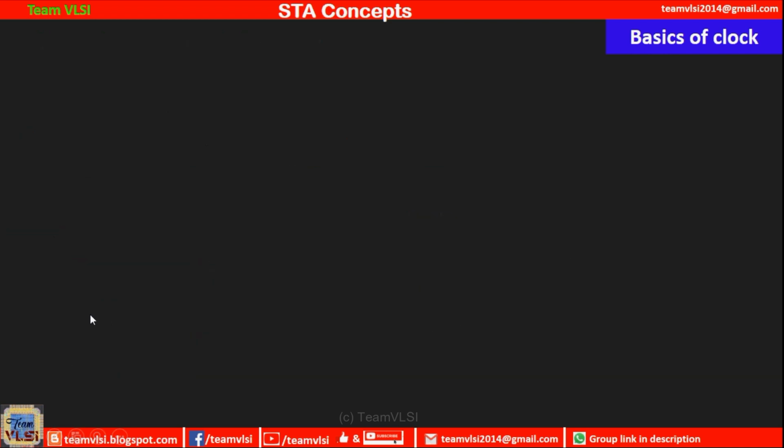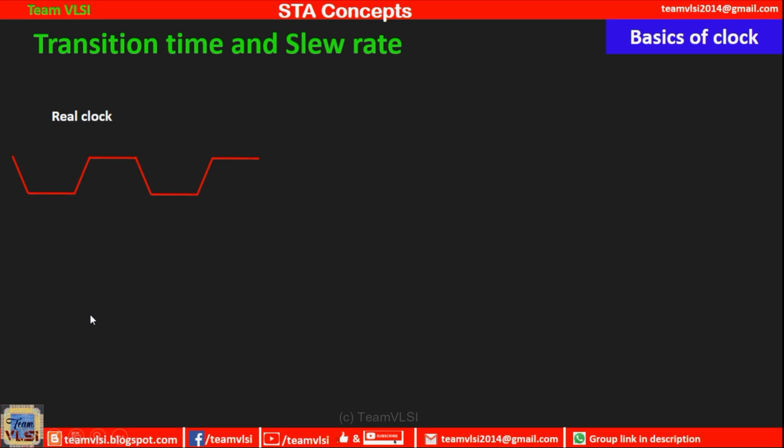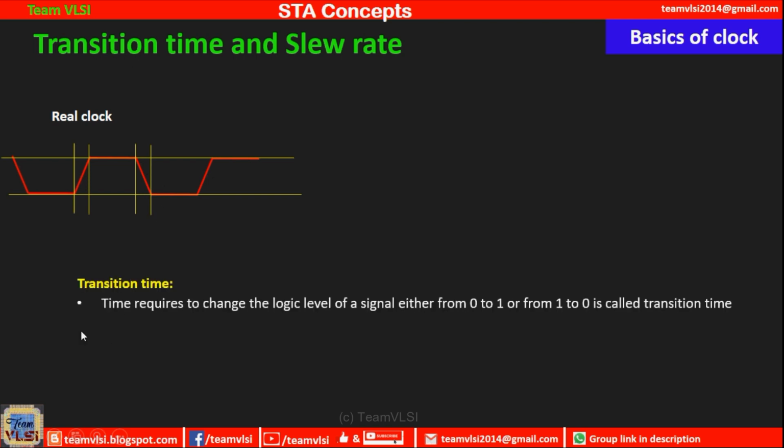Okay, next we will see the transition time and slew rate. Here is a real clock. The time taken by the clock to go from logic 0 to logic 1 or logic 1 to logic 0 is your transition time. The time required to change the logic level of a signal either from 0 to 1 or from 1 to 0 is called transition time.